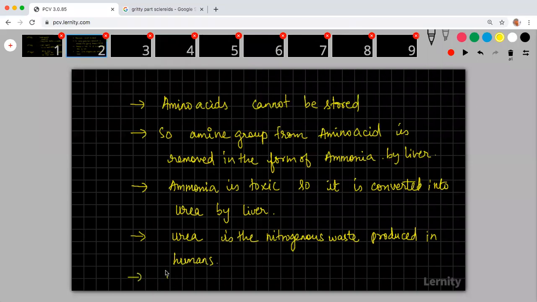It is removed by excretory system. Okay, so we'll study about excretory system today, but yeah, you can take a note of this thing in an order.